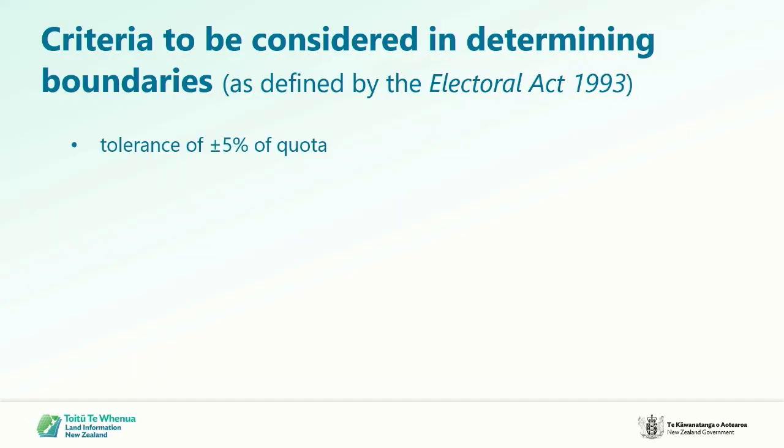We have some criteria in the Act that we have to adhere to, as I mentioned, plus or minus 5% of quota. Use existing boundaries where possible. So often it's not possible, but it's good if you can, because it gives consistency and people know which electorate they're in.